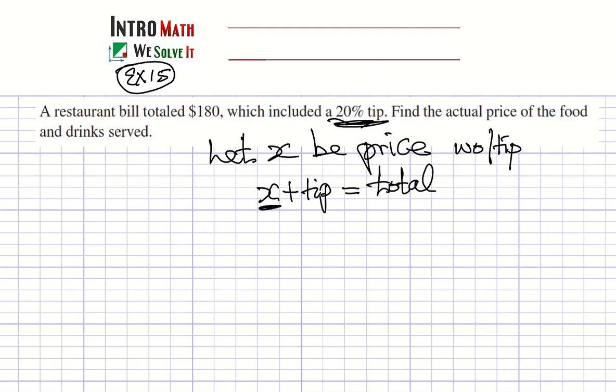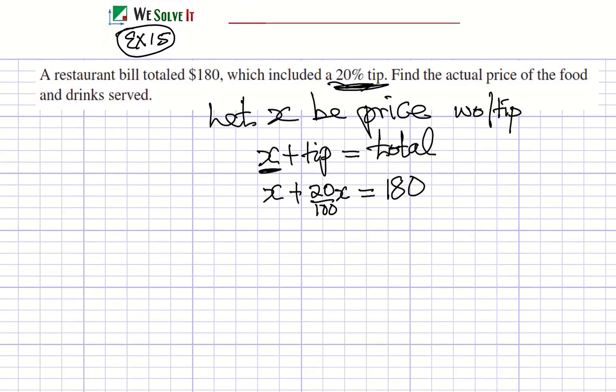So basically, you see the same thing we did before. You say x plus 20%. Remember, I told you, 20% is 20 over 100. Multiply that with x, then you add it to the actual price, then you get the total, which is 180. See, you see it, right? So that's what they're saying.